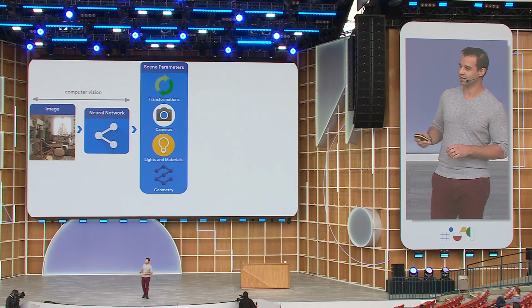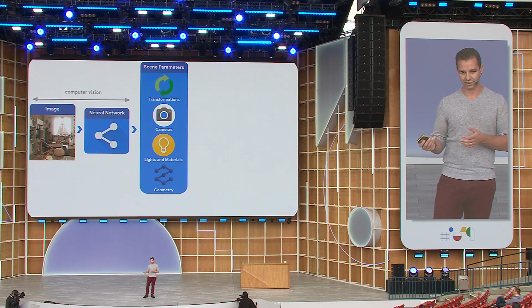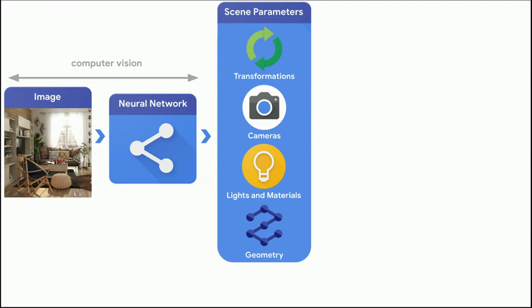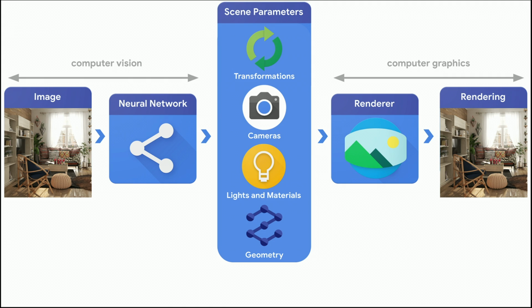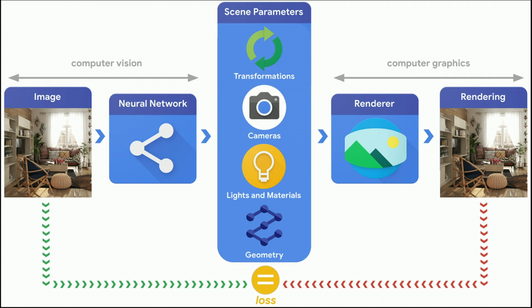This can be done by a technique called analysis by synthesis, where the vision system extracts the scene parameters and the graphics system renders back an image based on them. If the rendering matches the original image, the vision system has done a great job at extracting the correct scene parameters. In this setup, computer vision and computer graphics go hand in hand, forming a single machine learning system similar to an autoencoder.